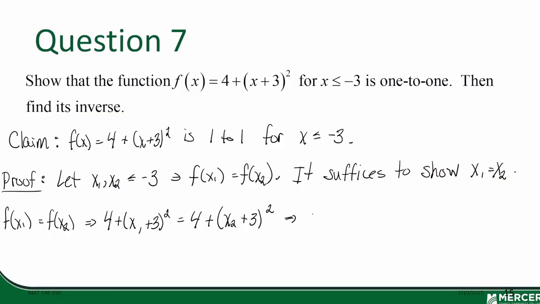I mean, obviously subtract 4, right? If we now take the square root of both sides, this is what we get. Absolute value of x1 plus 3 has to equal absolute value of x2 plus 3.